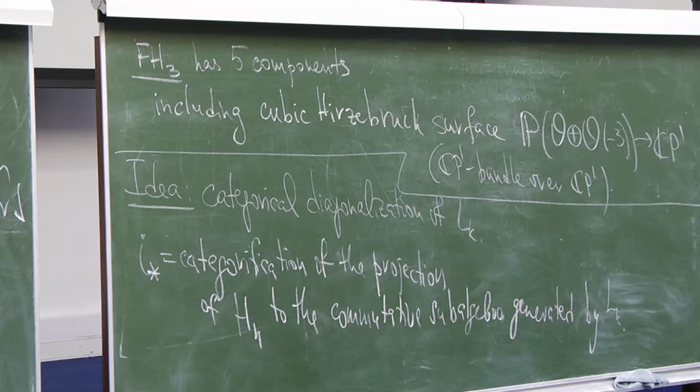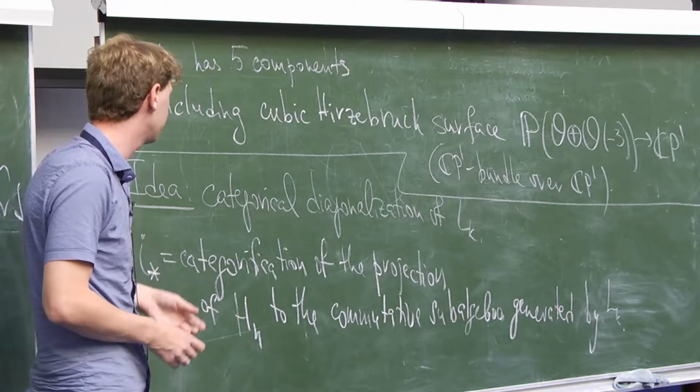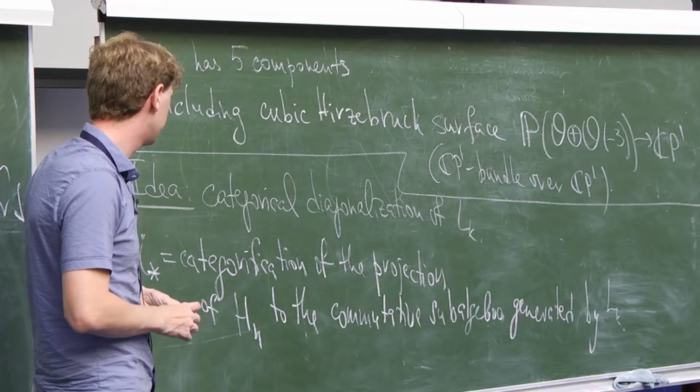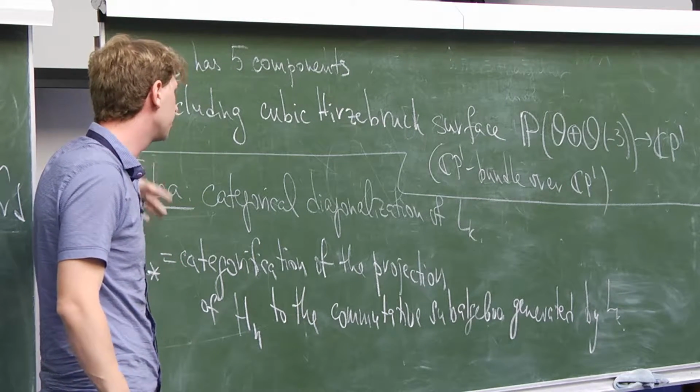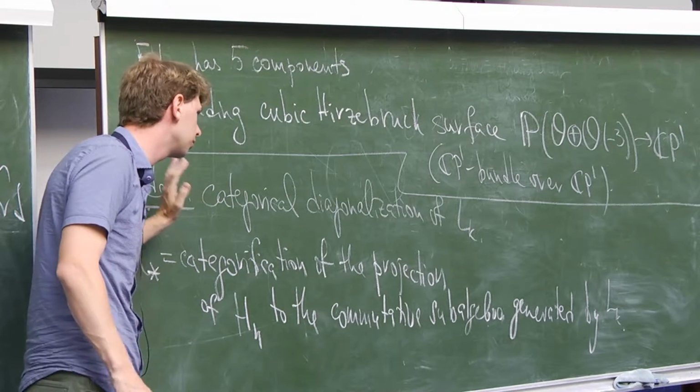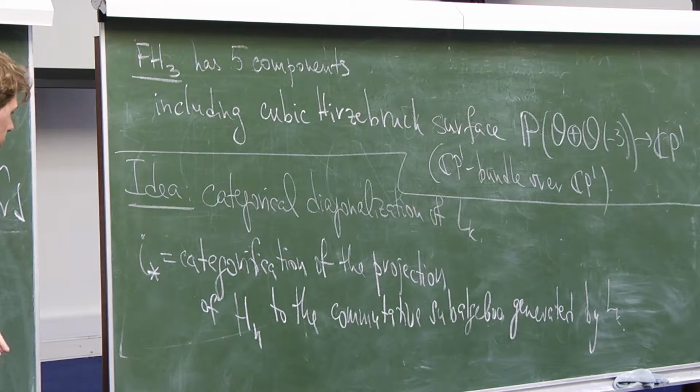And the construction of I lower star that we see is that we use some kind of categorification of this construction, and I certainly don't want to go into any details.